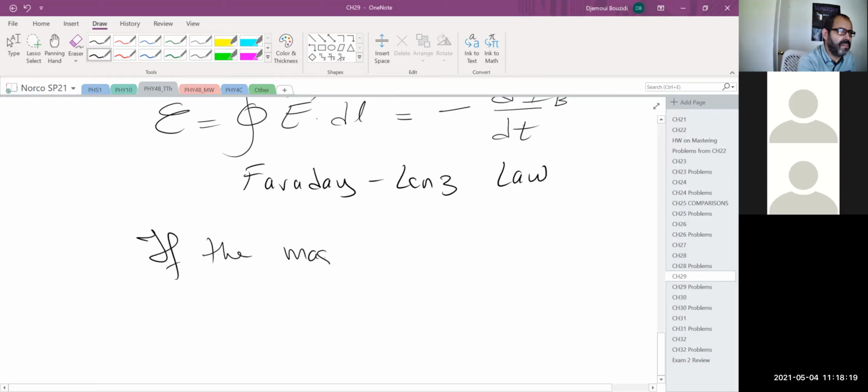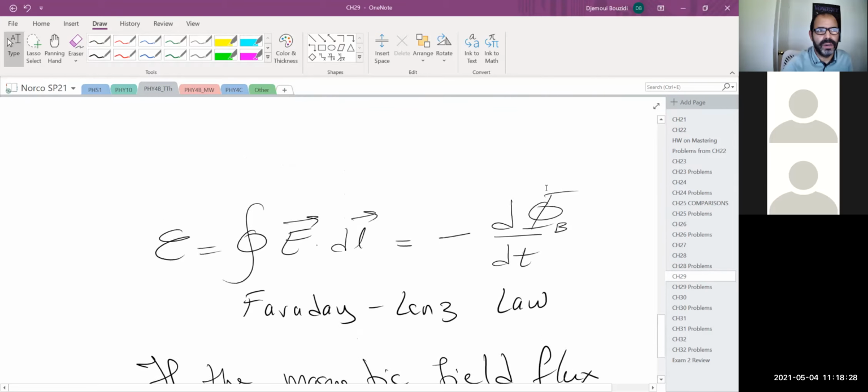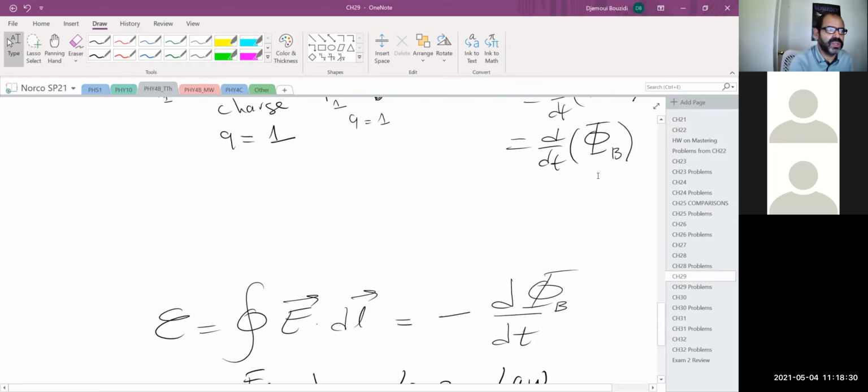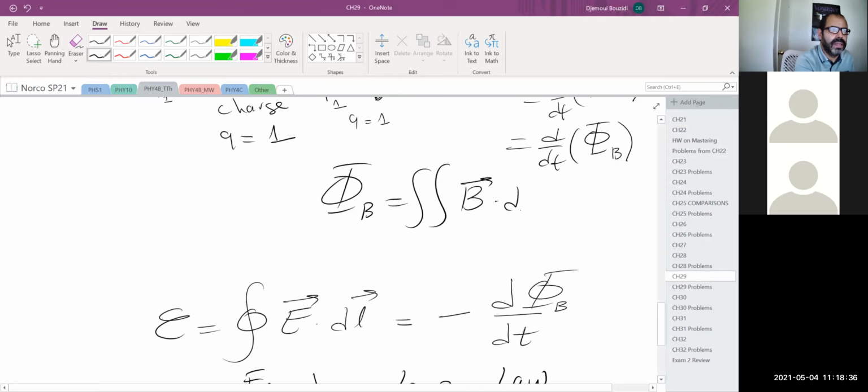The magnetic field flux, remember, this is not the magnetic field that we're talking about. This is the flux of the magnetic field. And the flux of the magnetic field in general, similar to the electric field, is the integral of B dA. This integral better be open, because if it's closed, we know that the flux over a closed surface is going to be 0.